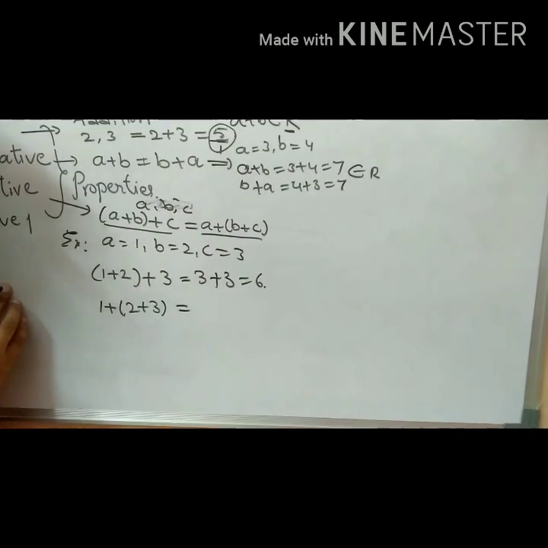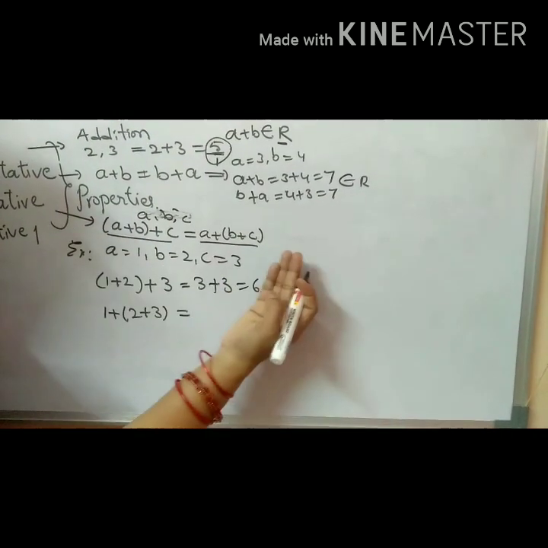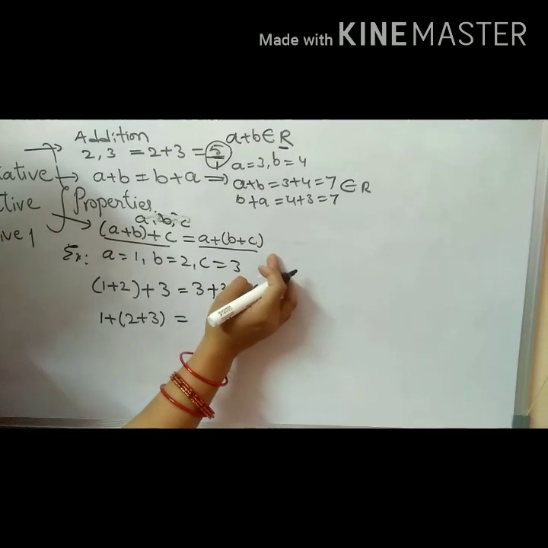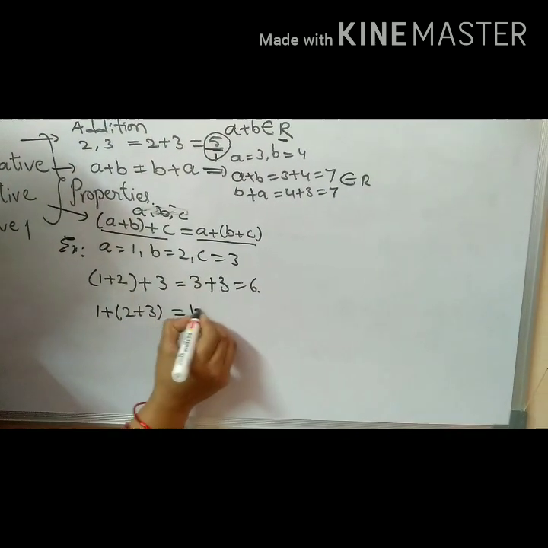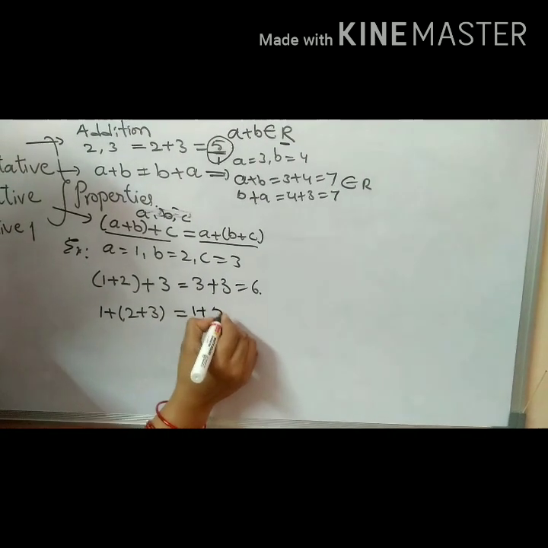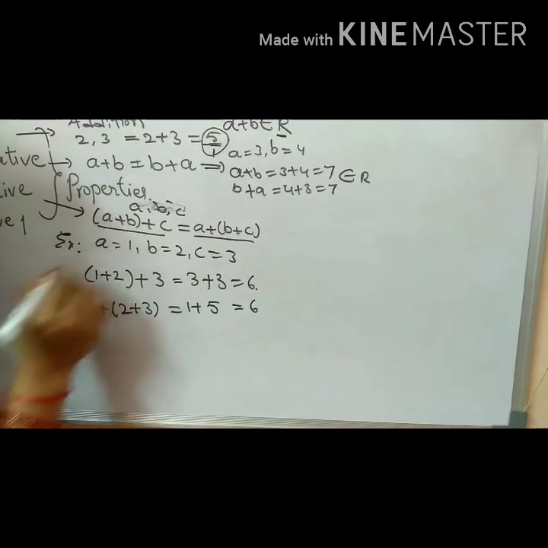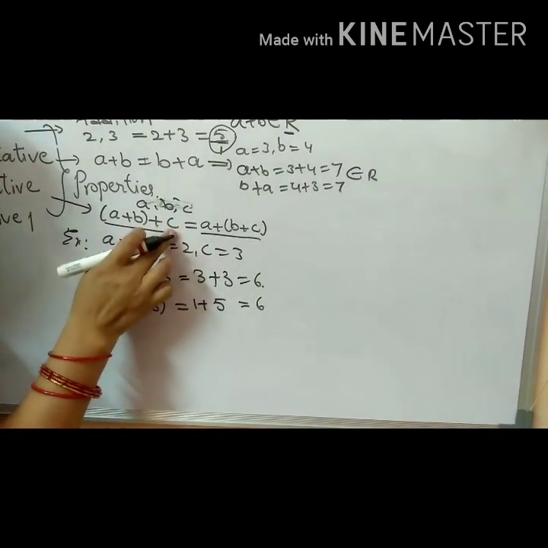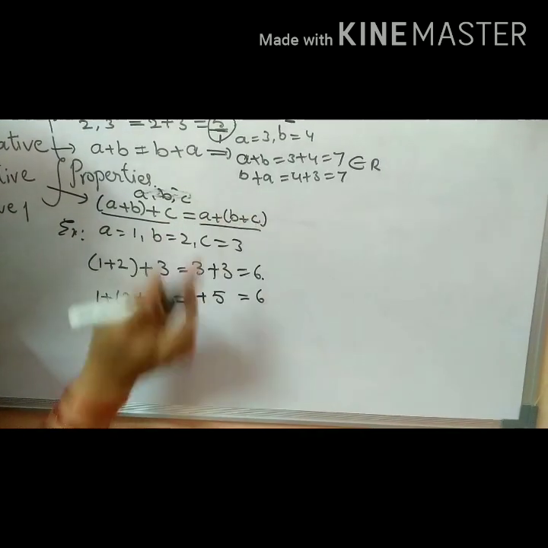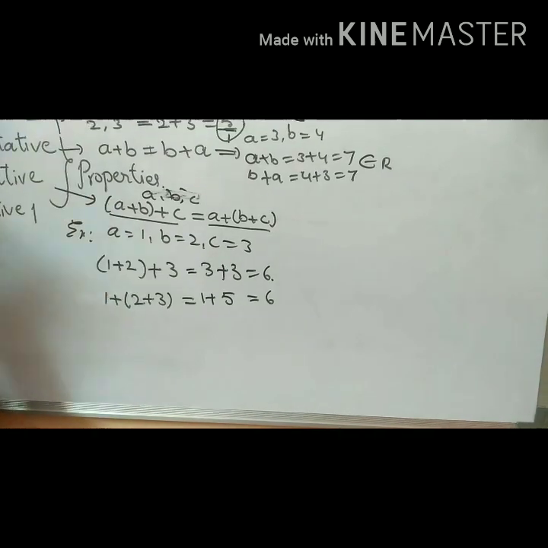In this case, observe that on the RHS the last two numbers are grouped. Did you understand? So 2 plus 3 is 5, and 1 plus 5 equals 6. So it is the associative formula: (A plus B) plus C equals A plus (B plus C). Both sides have the value 6. So it is possible under addition.